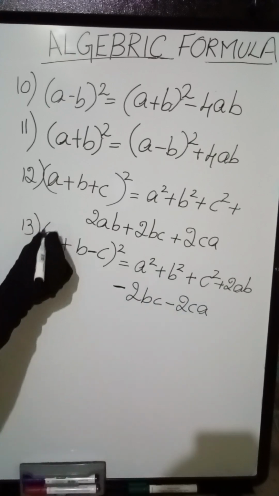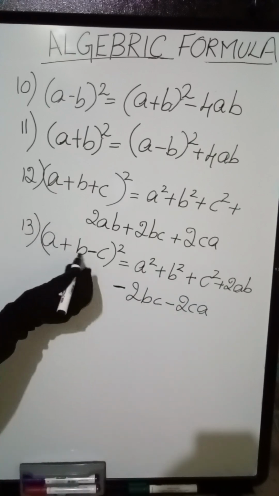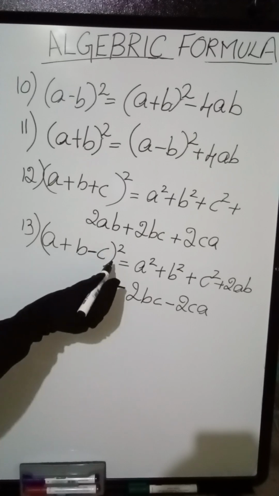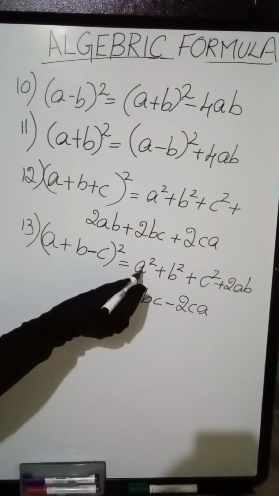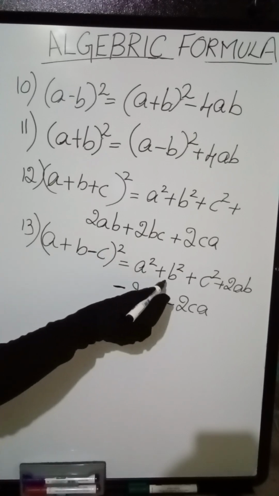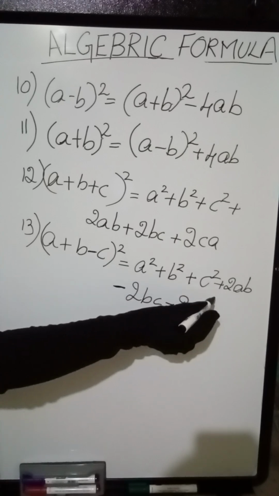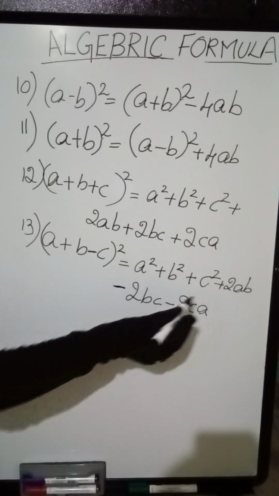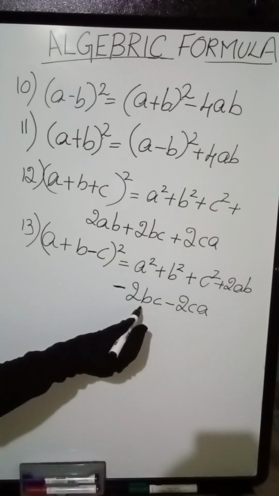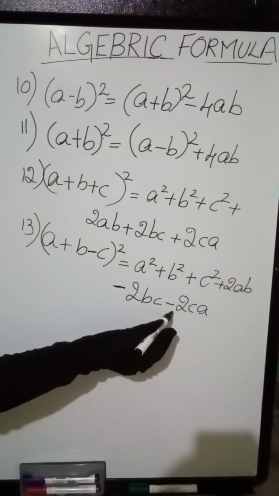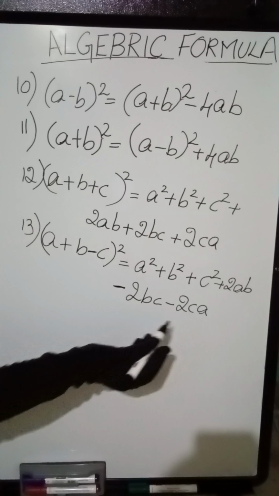So a plus b minus c the whole square is equal to a square plus b square plus c square plus 2ab minus 2bc and minus 2ca.